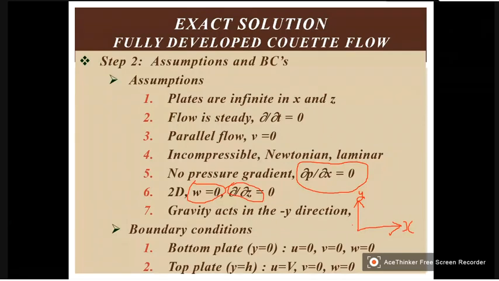So this is the component of body force. What is its component in x direction? If I say it is g suffix x, it will be 0.